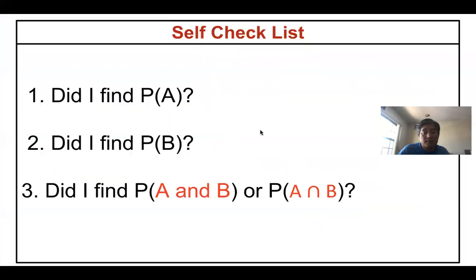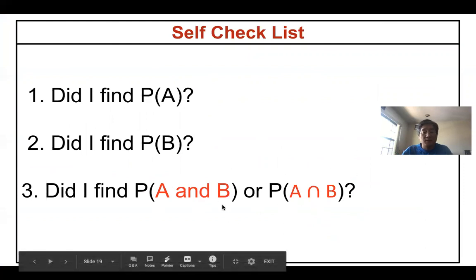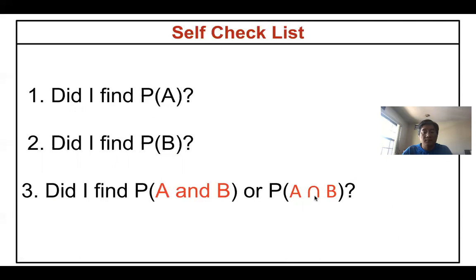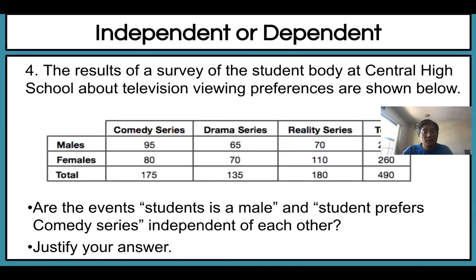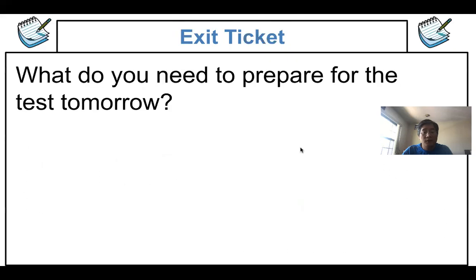Then you can determine whether they are independent or dependent. If you keep going down, you will see 5 questions, and that's the ticket. All right, we'll stop here.